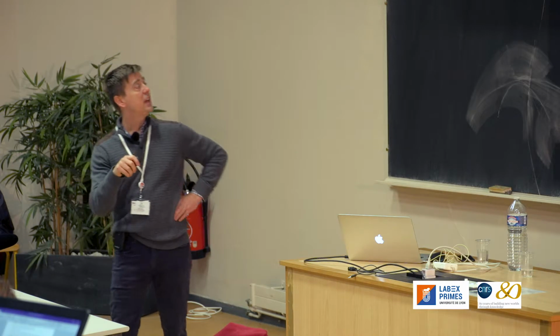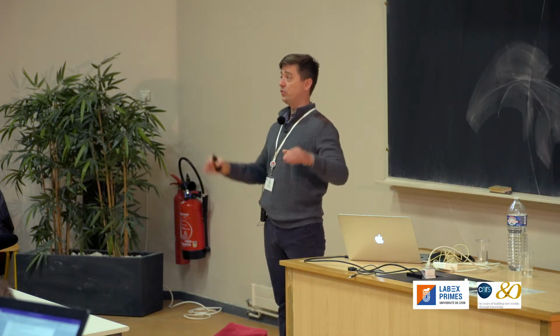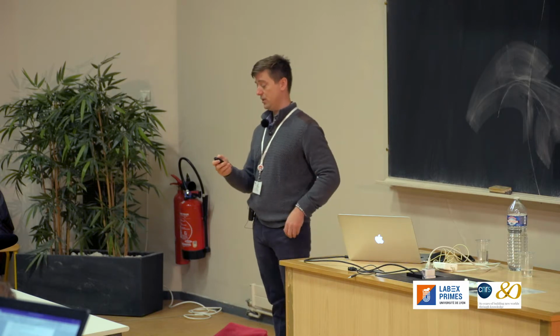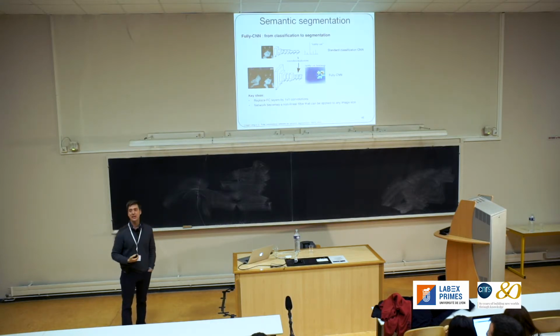As you remember, one by one convolutions do not change the spatial size. So in the end, the output that you get will be proportional to the input image. Instead of having one value, you will have a mask of values proportional in size to the input image.